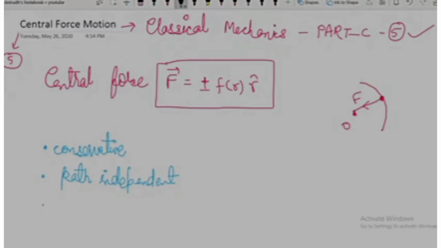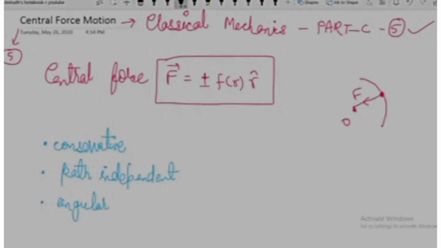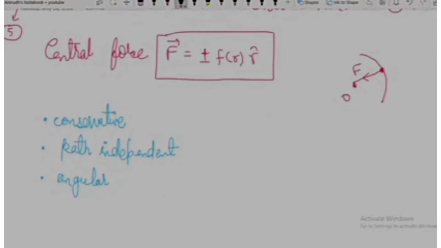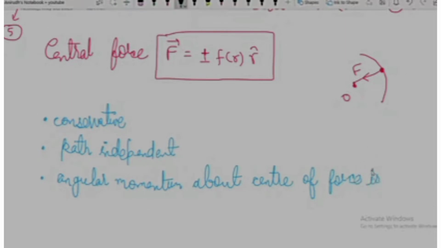The angular momentum of the central force motion will be conserved. This is the basic thing we have to know in this concept of central force motion. So the angular momentum about the center of force is conserved.